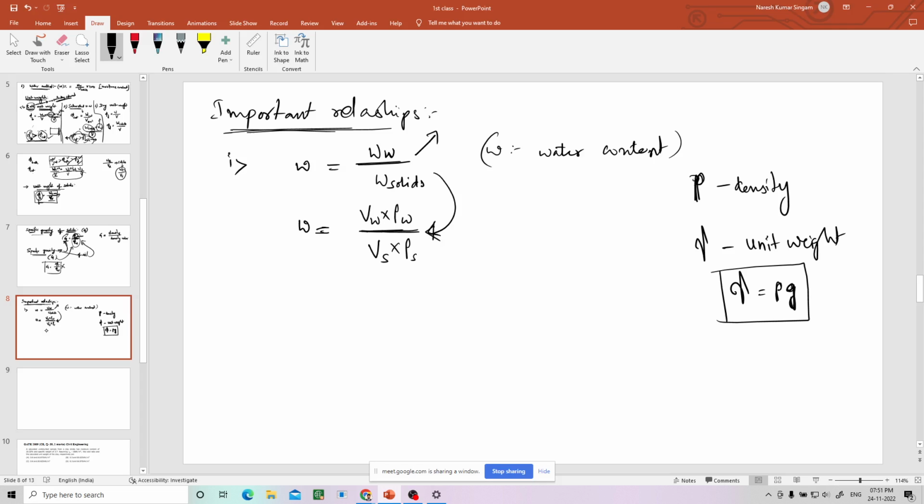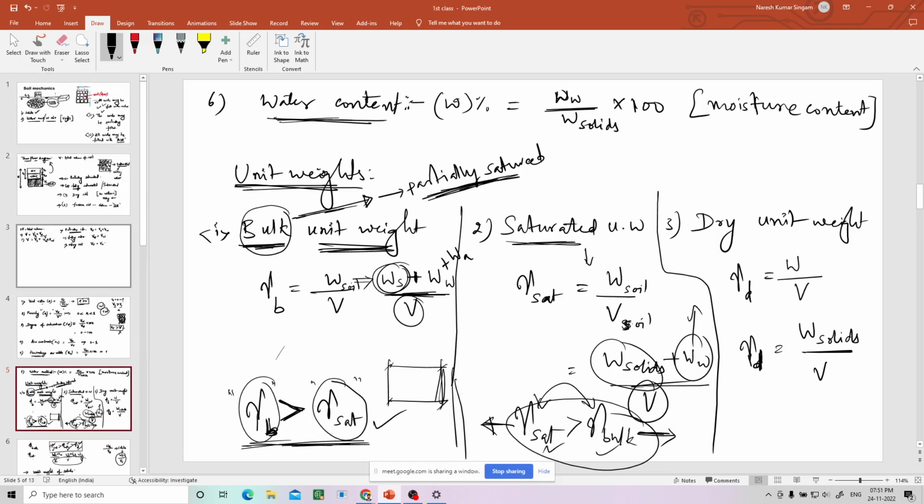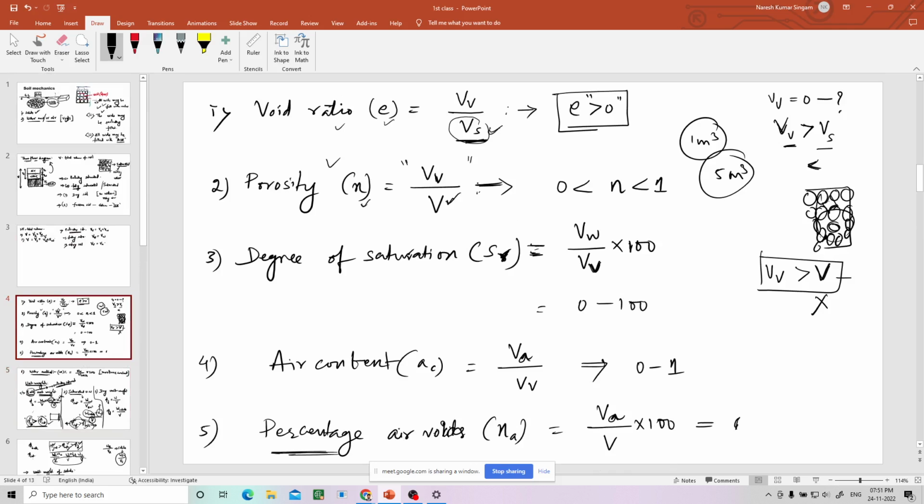Now, another thing we know is the degree of saturation. What is the degree of saturation? We are talking about the level of water. How to find out the level of water? If you compare the volume of water with the volume of voids, then you can tell whether it is fully saturated or partially saturated.